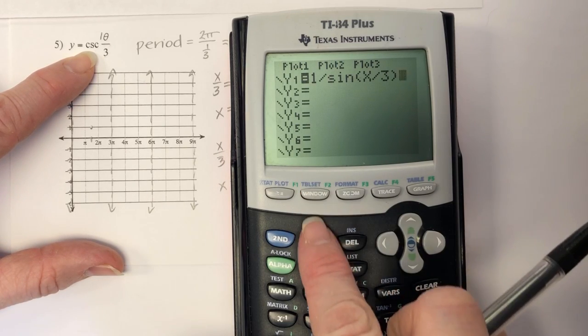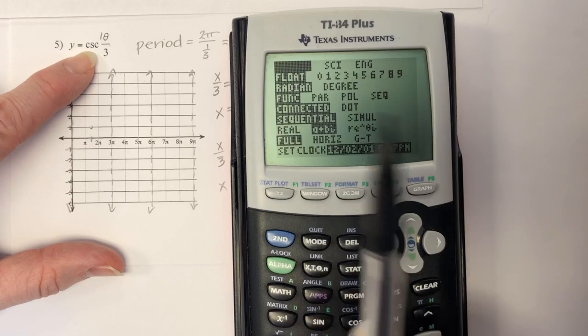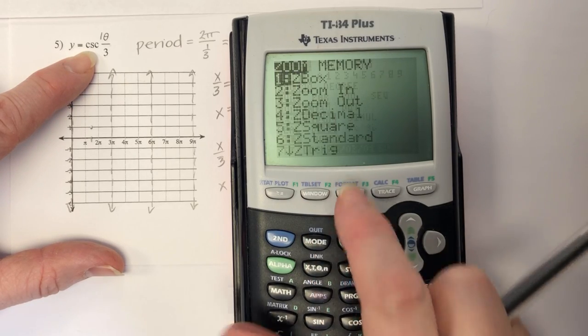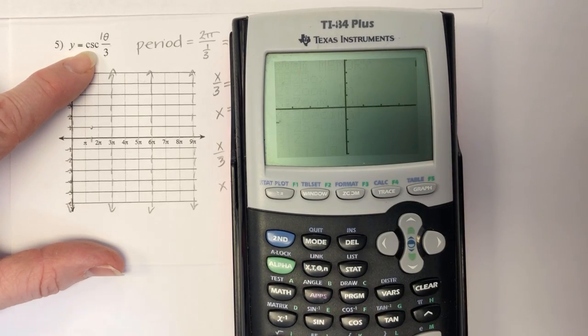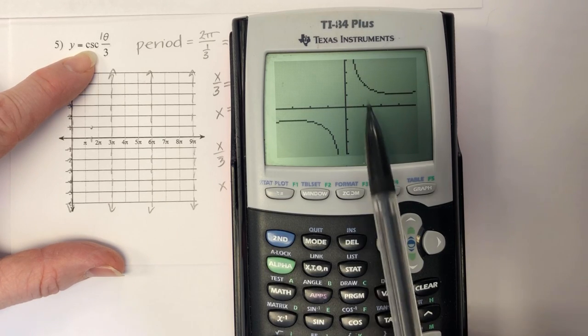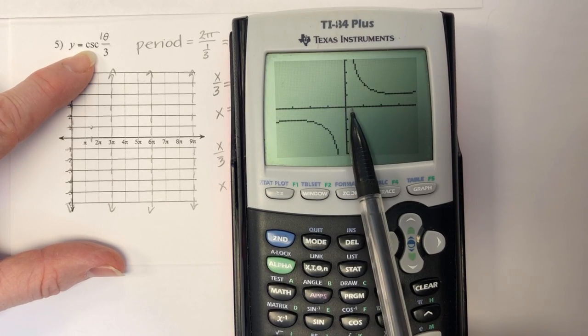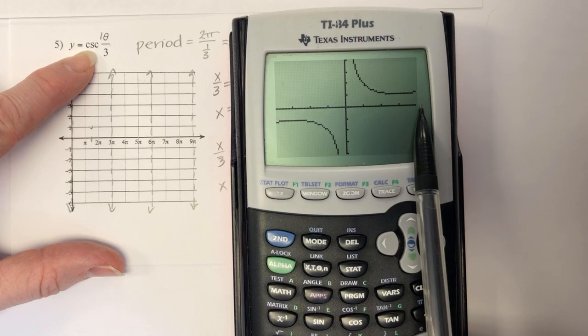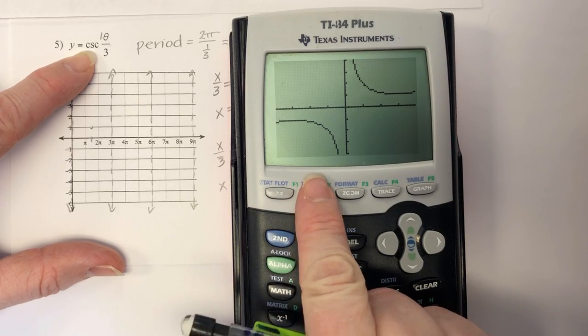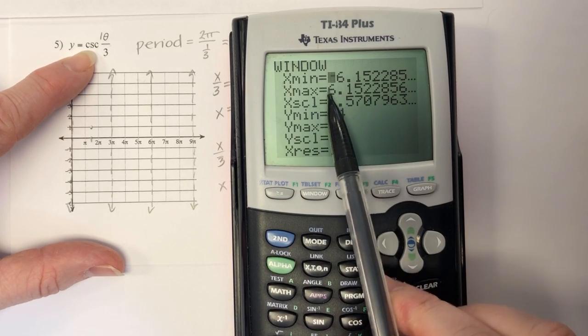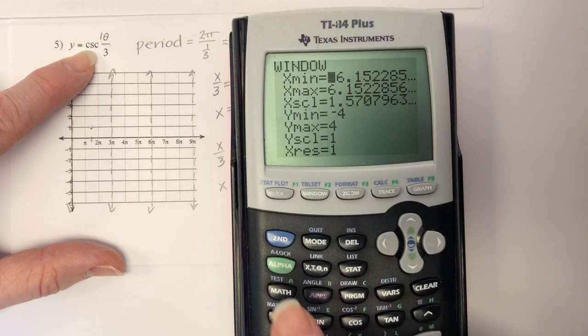And I want to make sure that I am in radian mode. And under zoom, I want to make sure that I'm using zoom trig. Now this graph is only going on my calculator from 0 to 2 pi, right? And we can see that under the window, I'm going from negative 2 pi to positive 2 pi.